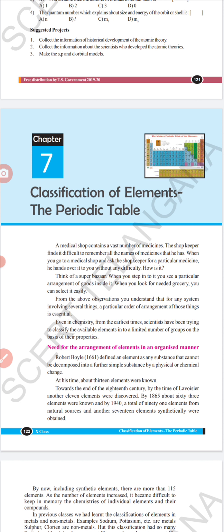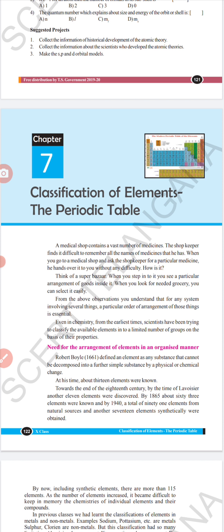When you go to a medical shop and ask the shopkeeper for a particular medicine, he hands it over to you without any difficulty. How is it? The shopkeeper arranges the medicines in alphabetical order so that he can give the medicine easily without any difficulty.